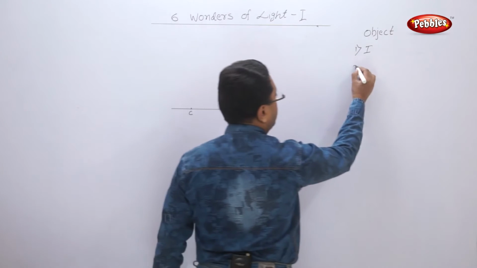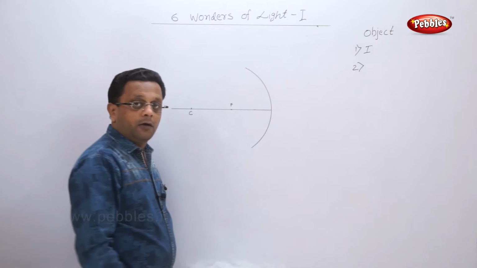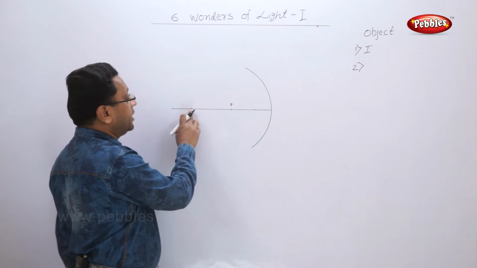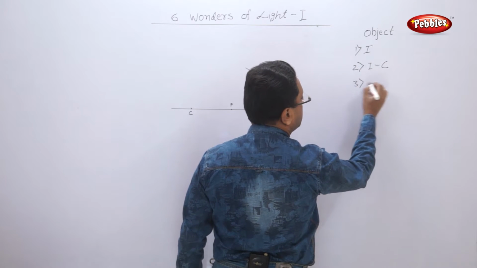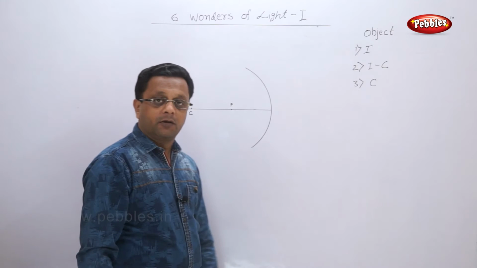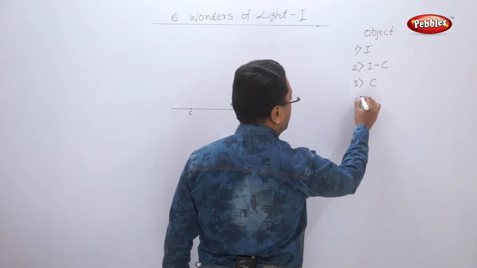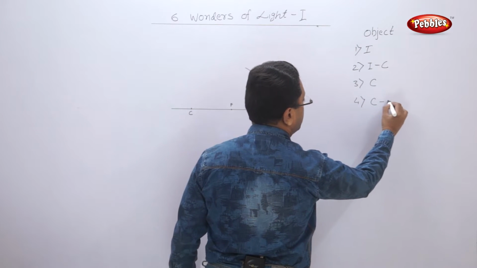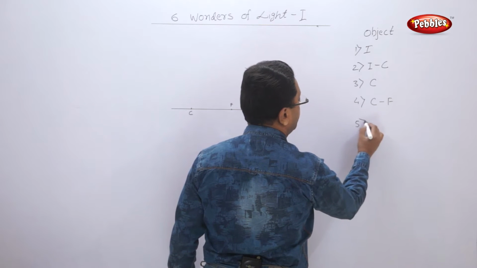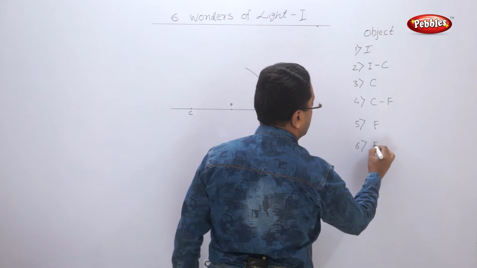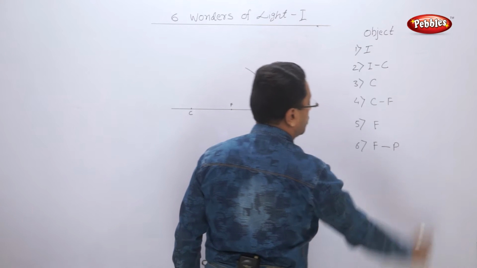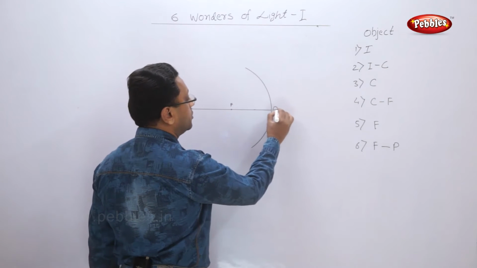The second, object is placed between infinity and C. In third, object is placed on C. Fourth, object is placed between C and F. And the fifth, on F, and sixth, between F and pole. This is your pole.